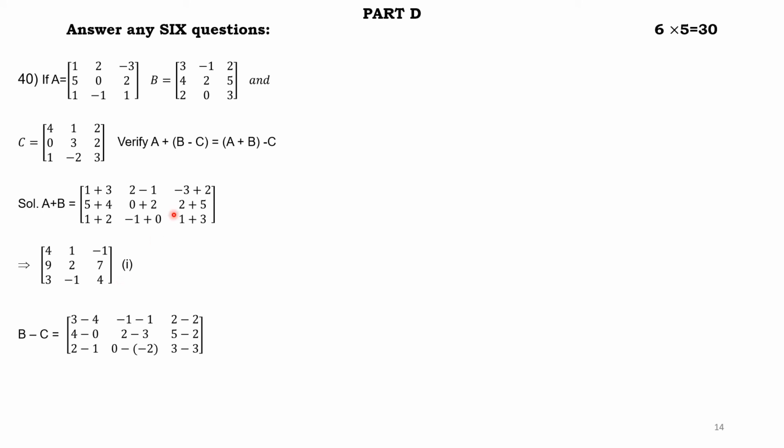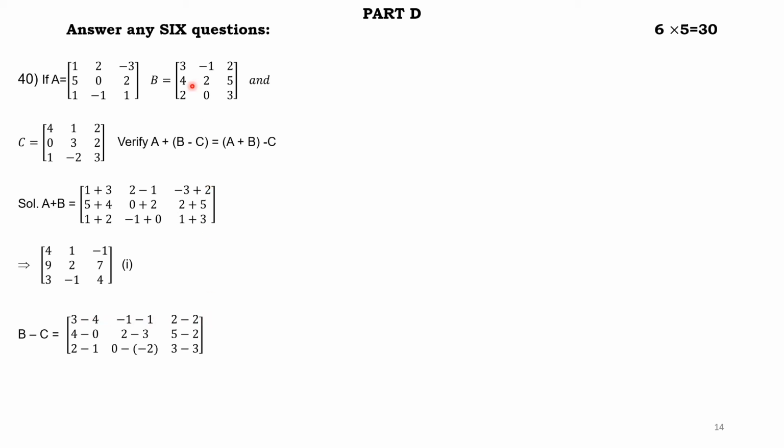Now we will find this term, that is B minus C. B is given here. So from this matrix we will subtract C. Therefore B minus C will be 3 minus 4, minus 1 minus 1, 2 minus 2. So that is written in the first row.